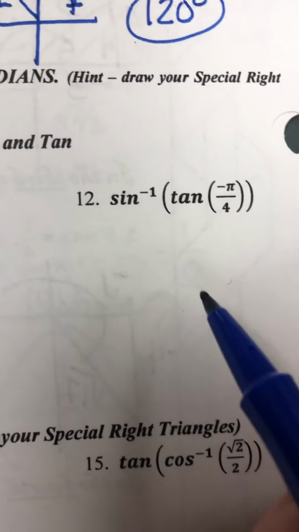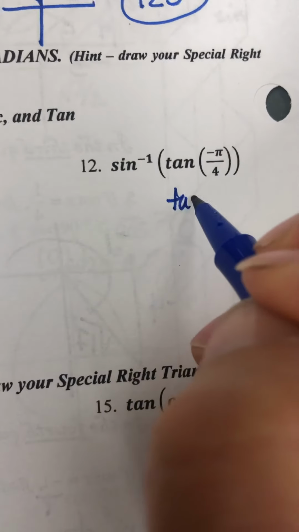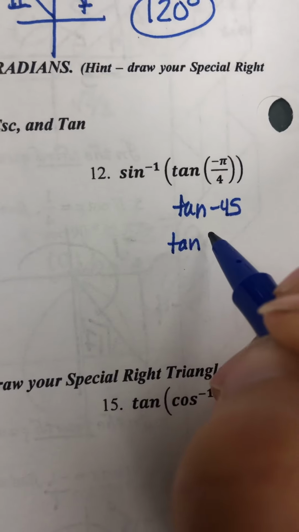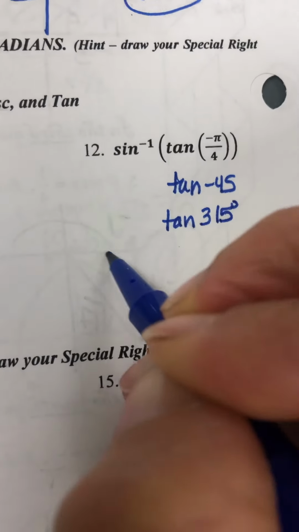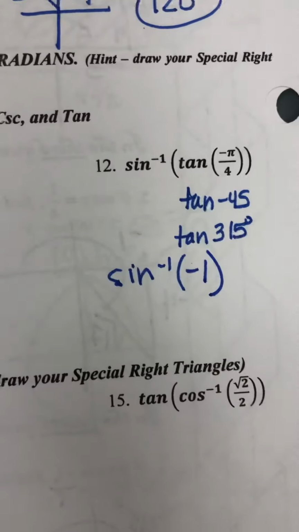Next one is sine inverse of tan of negative pi over 4. So from the inside out, that's the tan of a negative 45, where we might be more comfortable saying, oh yeah, that's the tan of a 315. The tan of a 315 is negative 1.